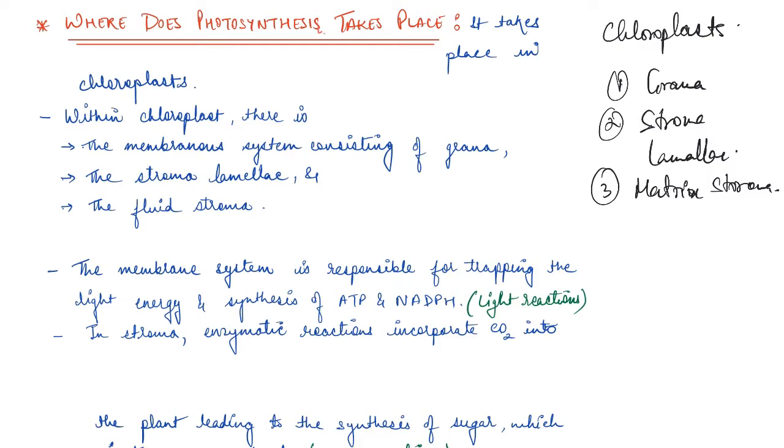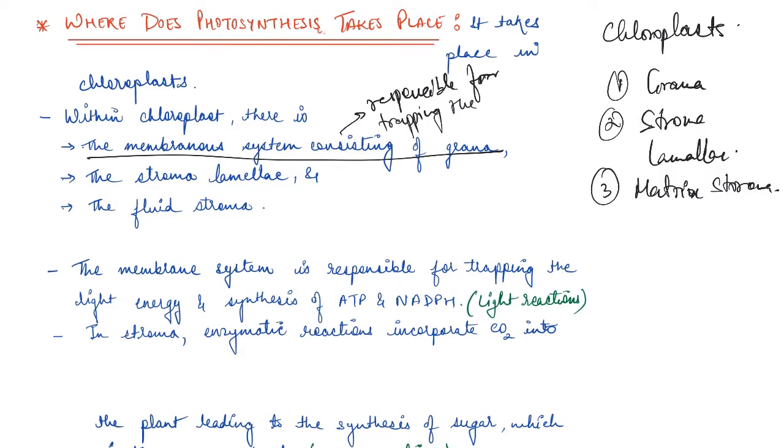So the membrane system of grana is responsible for trapping the sunlight, and it also helps in synthesis of ATP and NADPH.